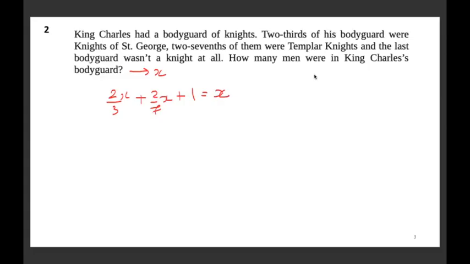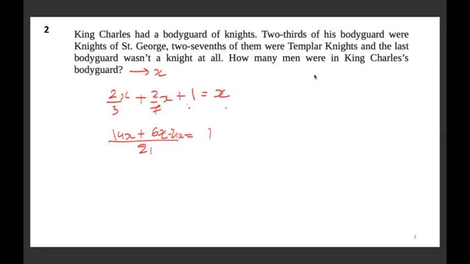Okay, so the LCM of both of them will be 21. X will come on this side. So 14x, sorry, 14x plus 6x minus 21x is equal to 1.